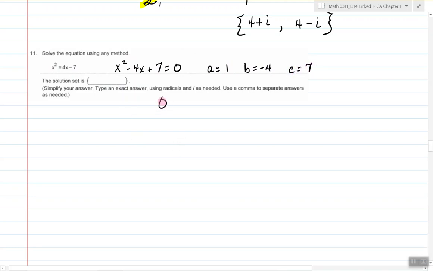A is 1, B is negative 4, C is 7. So using the quadratic formula, and you were welcome to use completing the square if you wanted to.